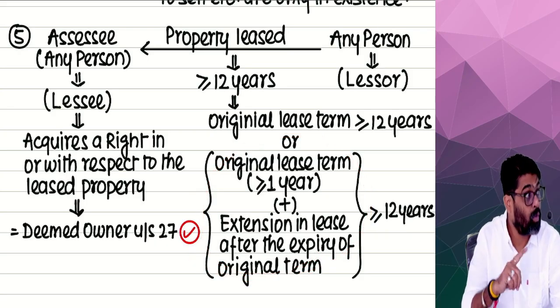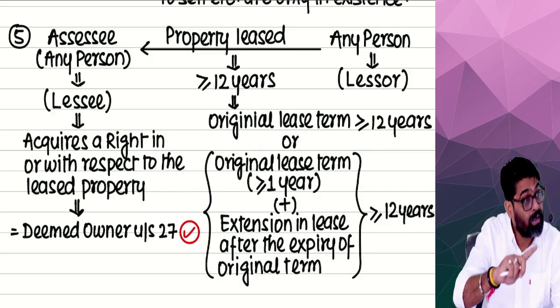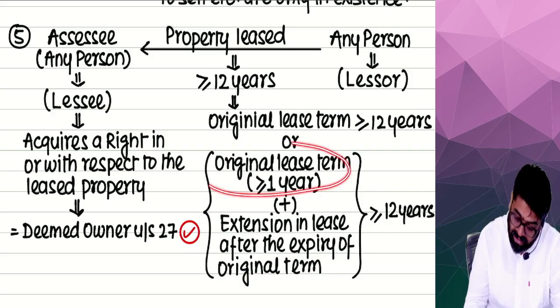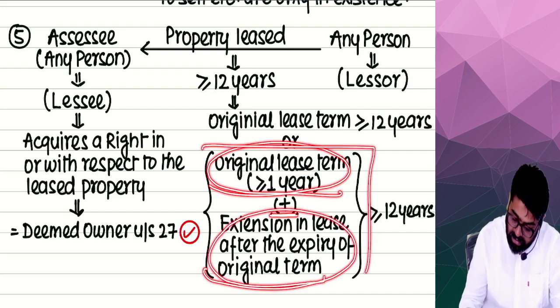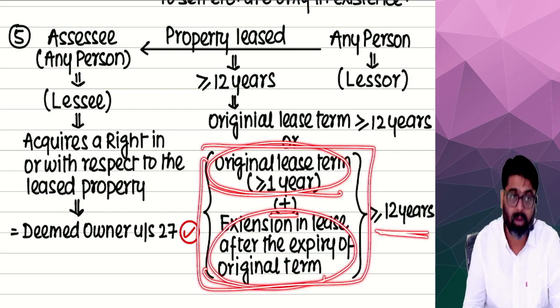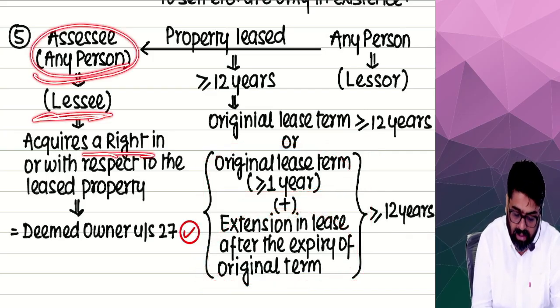For that, the original lease term should be less than 12 years but at least 1 year. Only then will the extension period be added, and only then, if the total is greater than or equal to 12 years, will the lessee get the right.